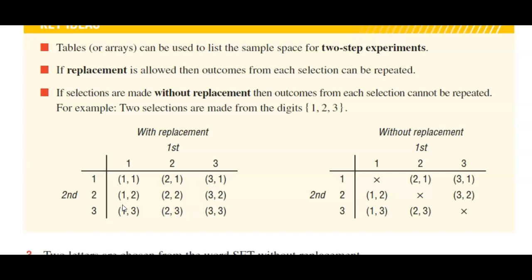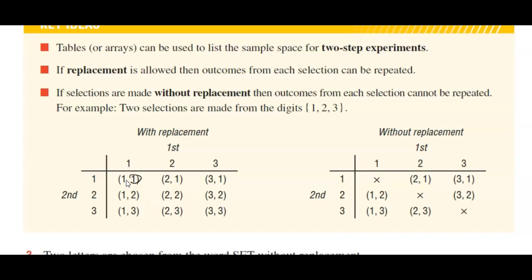I just realized that you can never see my pointer on these things, so I might just do that again. The number 1 is represented here, number 2 represented here, number 3 represented here. So it's the first number in those pairs of numbers. Now, in the second selection, you can see it refers to the rows.